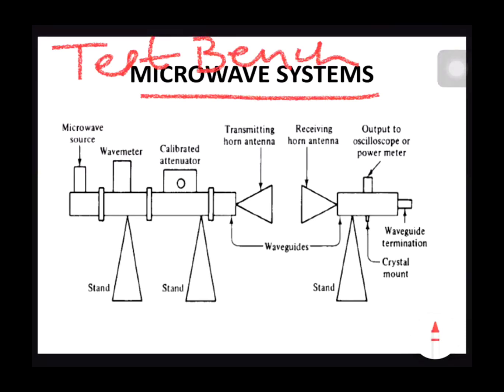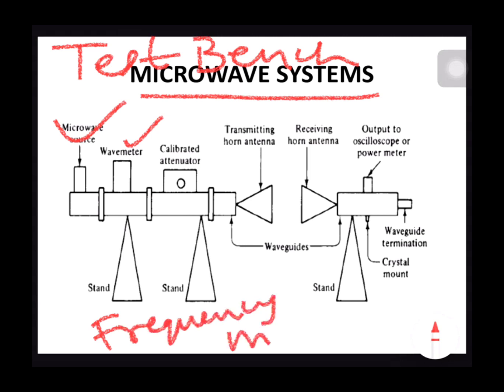Coming to the explanation of the microwave system: a microwave system basically consists of a microwave source, the wave meter, which we also call a frequency meter. This is how we call it in lab. Next, the attenuator.